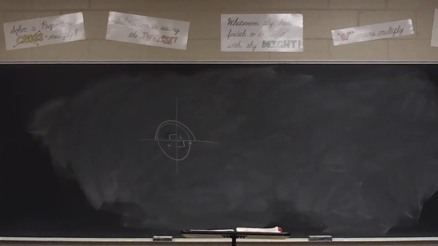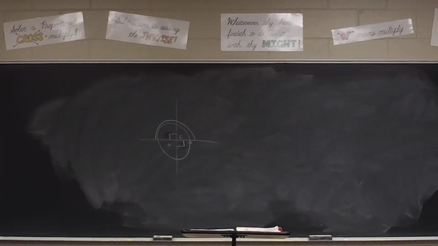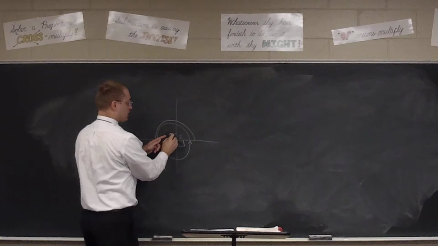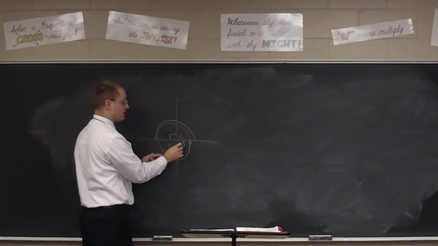The angle formed when two straight lines meet to form equal adjacent angles. Well, this given right angle and C are adjacent by definition.